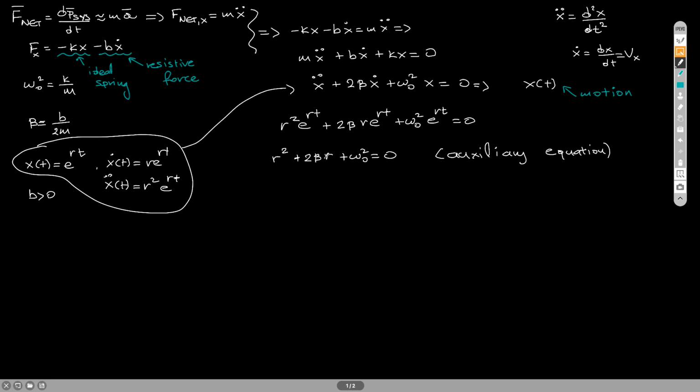Now, this is a quadratic equation, and the two solutions to this are given by minus eta plus or minus the square root of eta squared minus omega naught squared, and the other solution will be minus eta minus that.